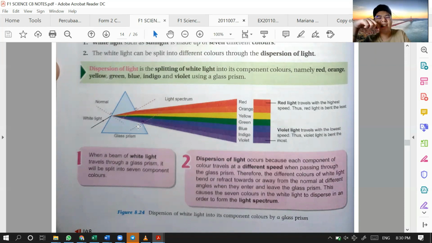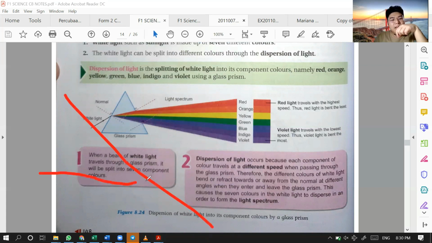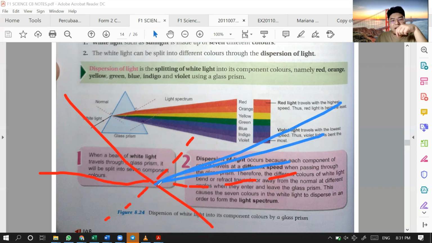But the question is, how much does it refract? Refraction is like this. The light coming in here refracts. Let's say the normal line is like this. It's going towards the normal line. It can refract here, here, here, here, here.